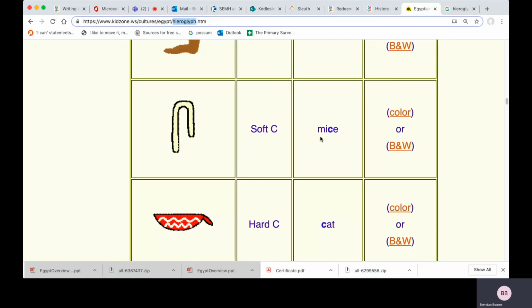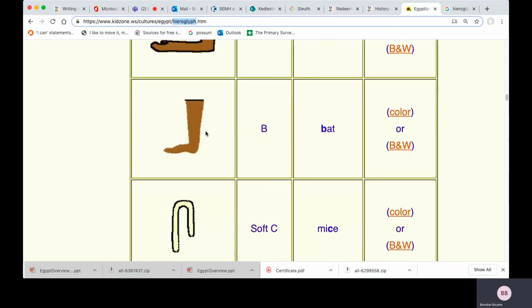S. So that works as in mice. We could also have ice if we got rid of the M, or dice. So our soft C sound, soft S, which also sounds like our letter S. So S, and that's the sound that we make when we see this shape.